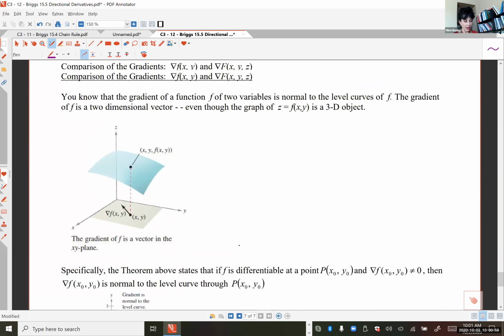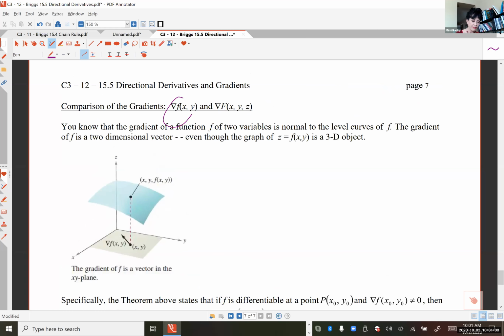Okay, so that's directional derivatives. All I'm going to say is that del F, even though it does give you the directional derivative slope on a 3D surface, is a 2D vector. And 3D gradients are different, so please know the difference. This is a 2D vector and it's in the XY plane. This is in space, so it's a different vector.